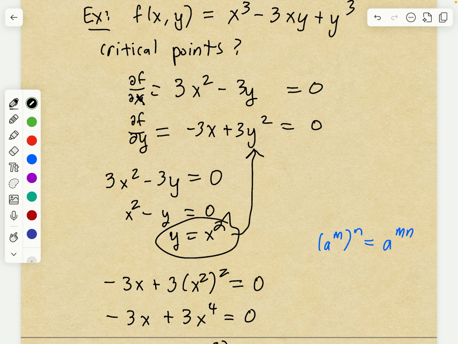Now notice that there's actually a subtle thing going on. We found that when x is 0, then y must be 0, and when x is 1, then y is equal to 1. But what happens if we plugged x equal to 1 into this equation?